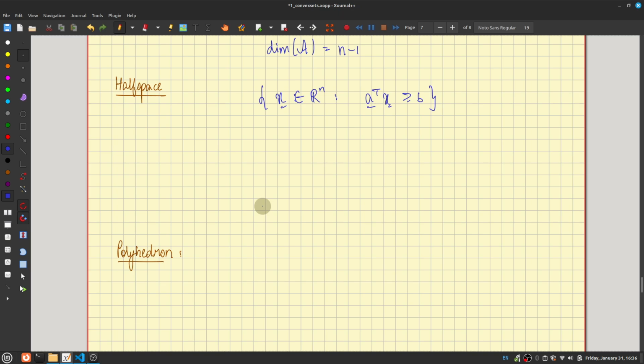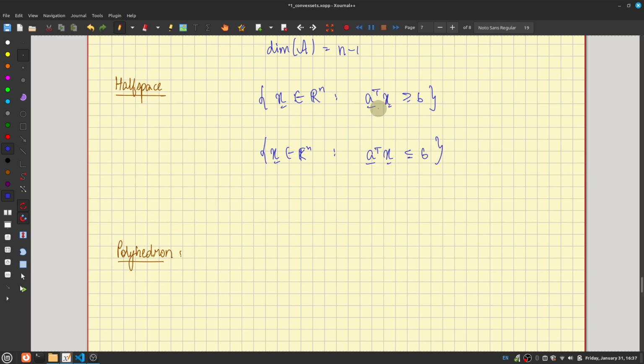All right. So we now know what a hyperplane is, what a half space is. So given any hyperplane, it defines 2 different half spaces. One is the set of all x such that A transpose x is greater than or equal to B. The other is the set of all x such that A transpose x is less than or equal to B. So these 2 sets intersect on the hyperplane.